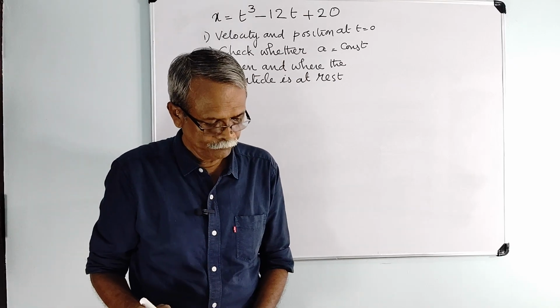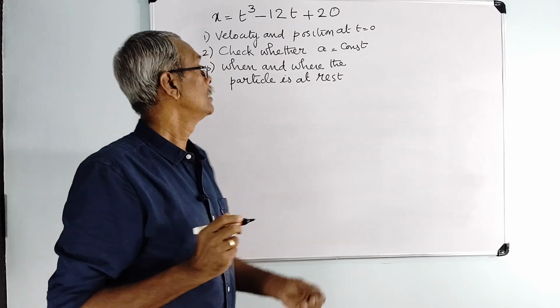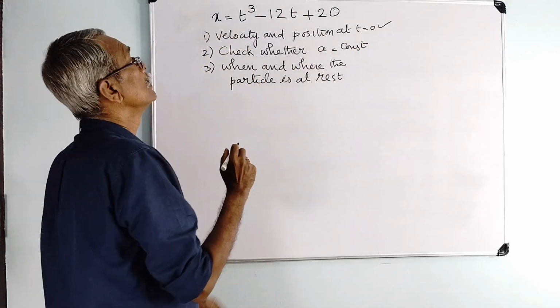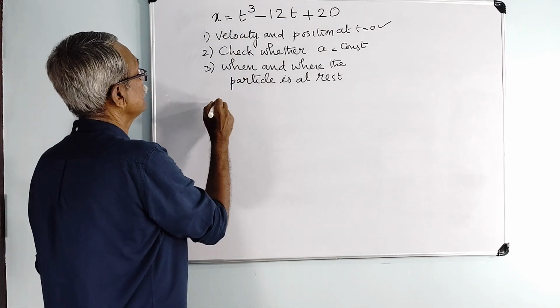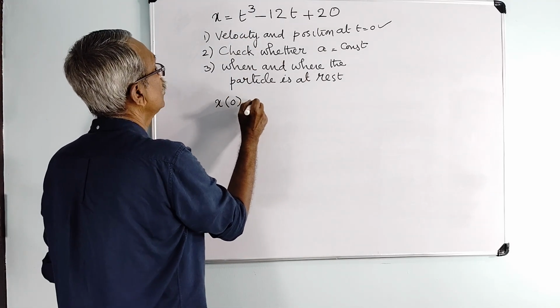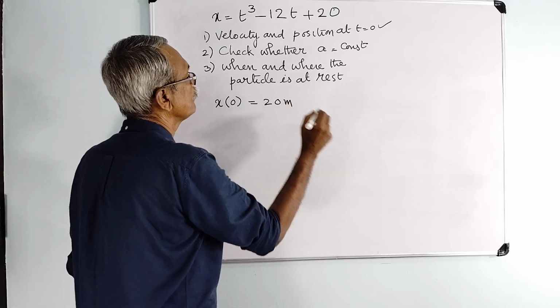Now we have to calculate these situations. So velocity and position. Position at t is equal to 0, x0 is clearly 20 meters.